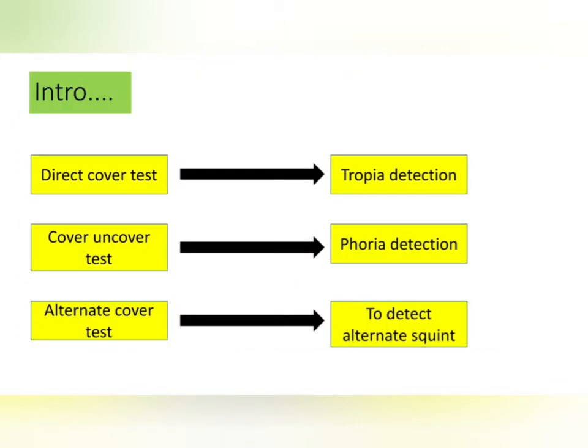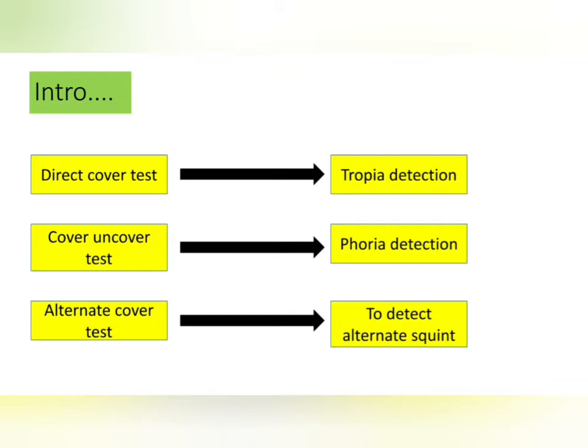Tropia means the squint or deviation of the eye that you can see with your eyes. Suppose the person has an eye deviated outward or inward, that is, nasally. You can see that there is a deviation of his right eye nasally, that is an esotropia. This thing that you can see is called tropia. Phoria means you cannot see it; you need to test to rule out the presence of phoria, that is, the hidden squint.